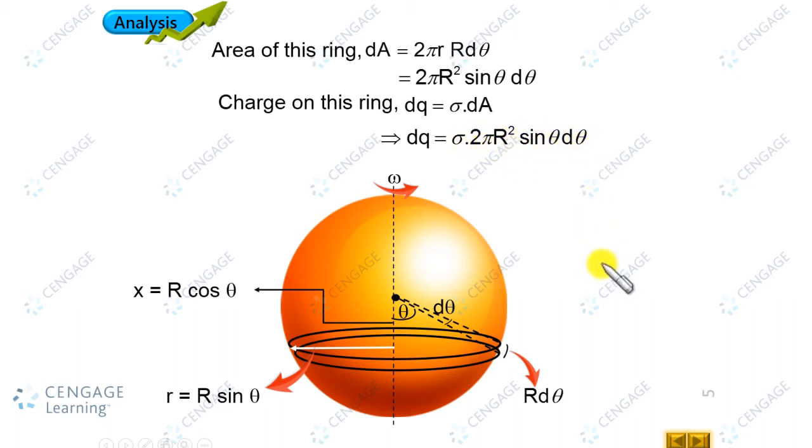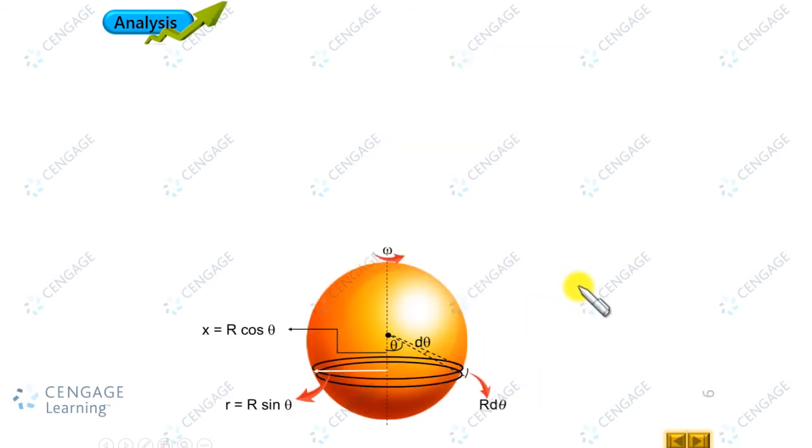So this is the value of the charge on this elemental ring. Now we can find the equivalent current corresponding to this rotating loop. This should be equal to I, the current in this loop, I equal to frequency multiplied by charge.